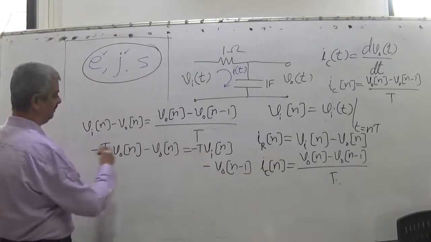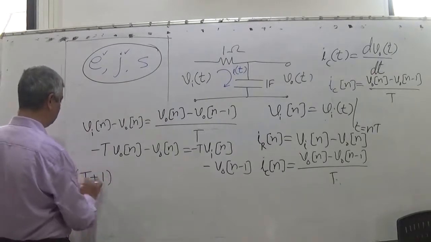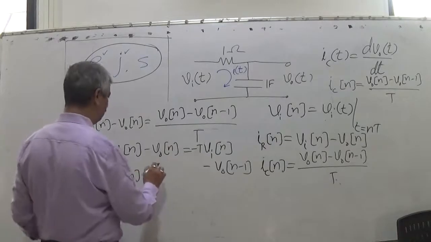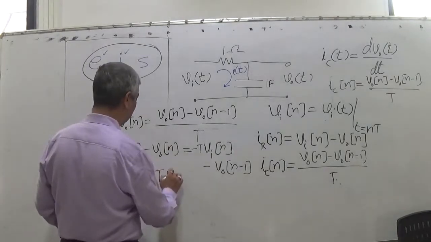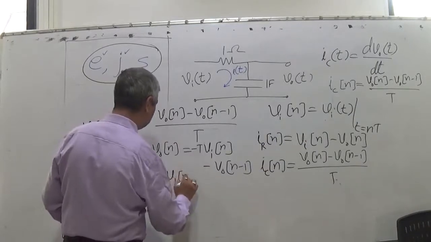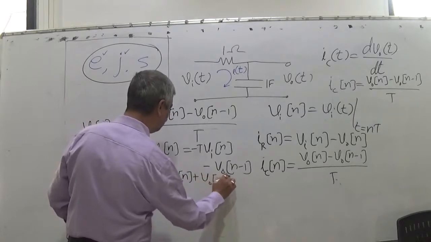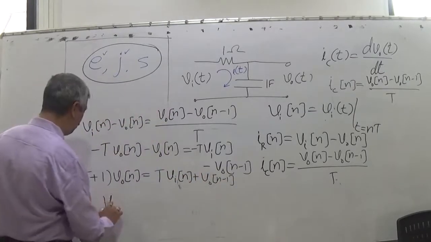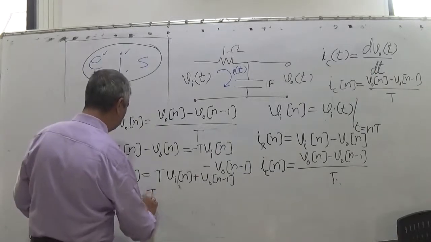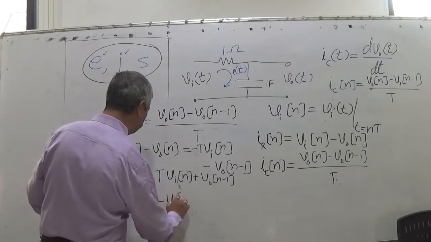So multiplying by everything minus, (T plus 1) into Vo[n] is equal to T Vin[n] plus Vo[n minus 1].